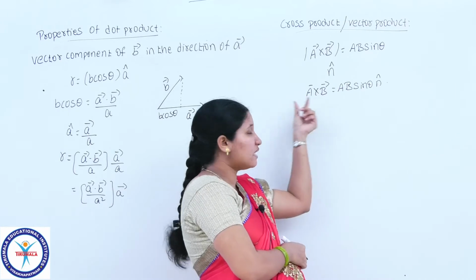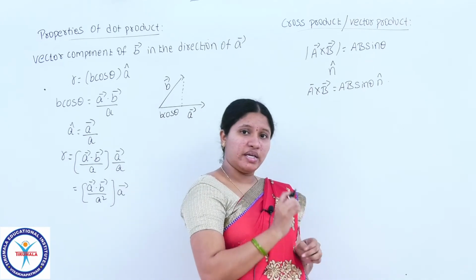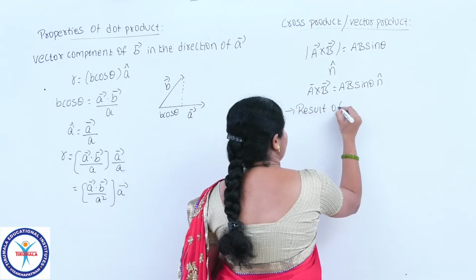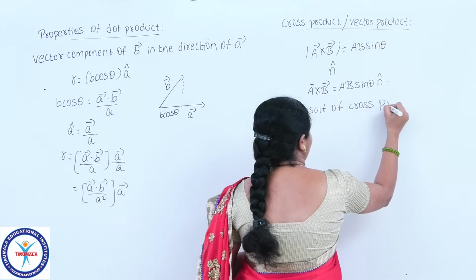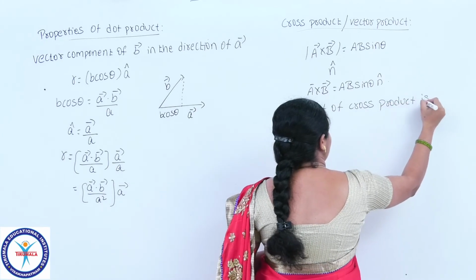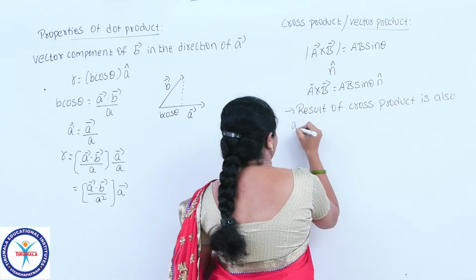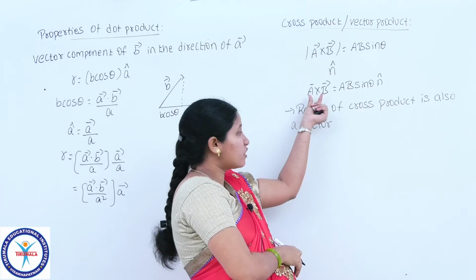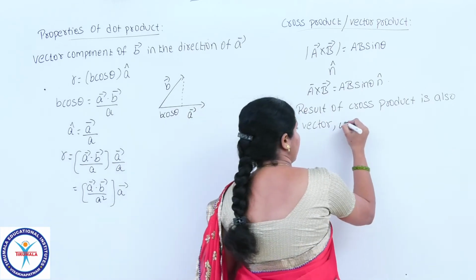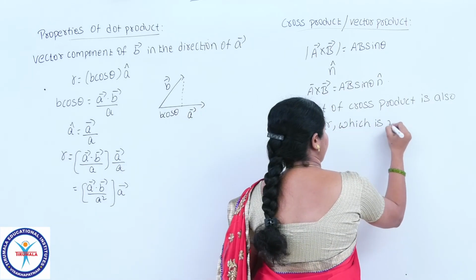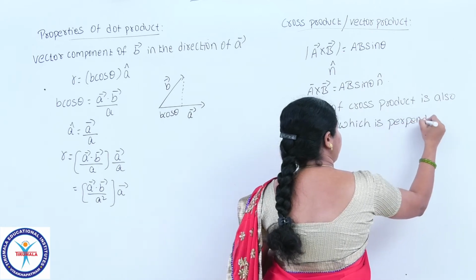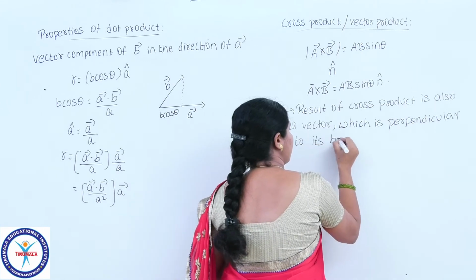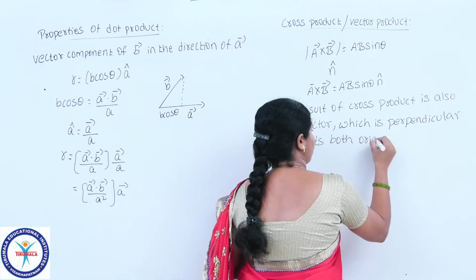and the result of cross product is also a vector, which is perpendicular to both its original vectors.